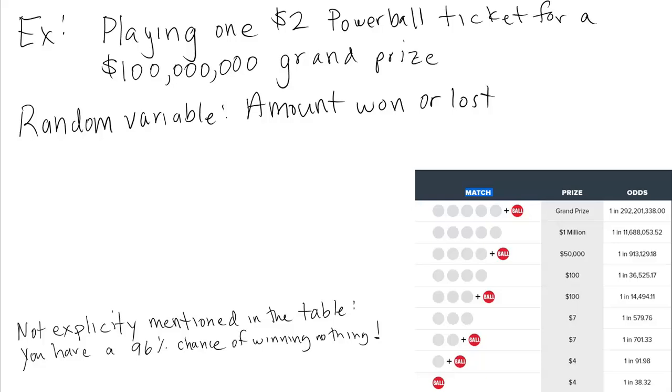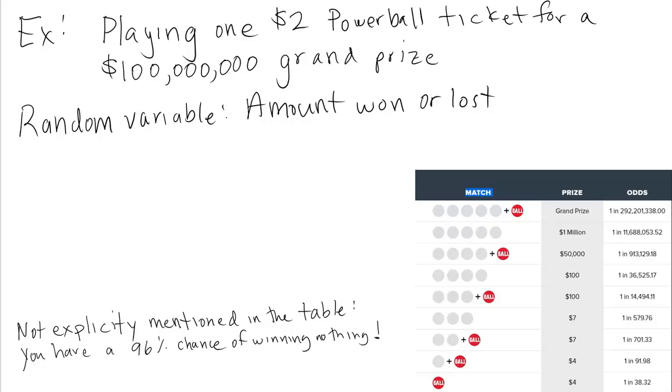And so our variable, the amount of money won or lost, is determined by chance because the numbers are coming out randomly. And for each possible ticket, there's one amount of money associated with that, whether that's a profit because you match one of these, or whether you have one of the 96% of the possible tickets that are losers, in which case a random variable would take on a negative value.